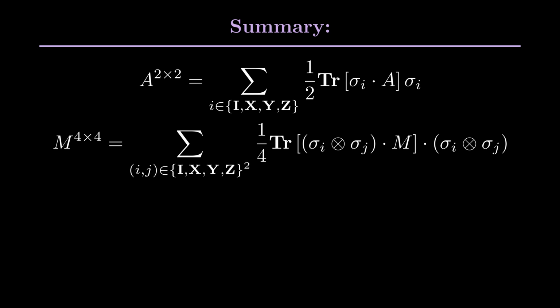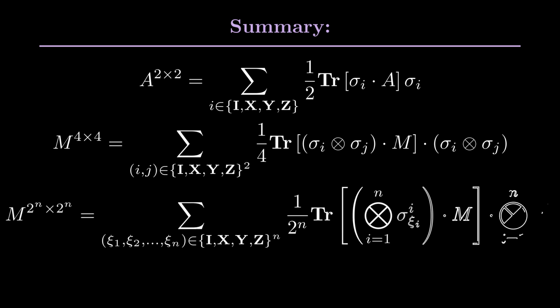Just as we saw when updating things from the n equals 1 to the n equals 2 case, we will have to consider the aspects of our expression that reflect the number of qubits. That is to say, we will now have to sum over all possible tensor products of unique combinations of n Pauli matrices.